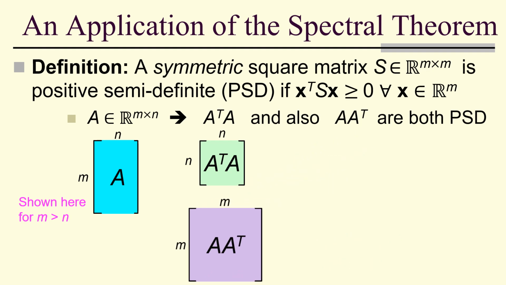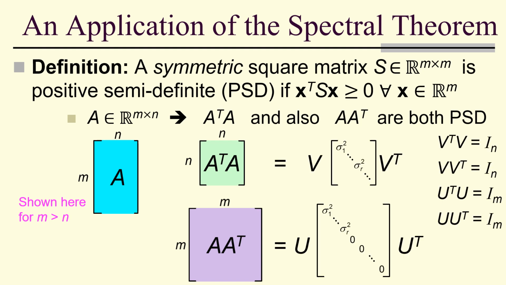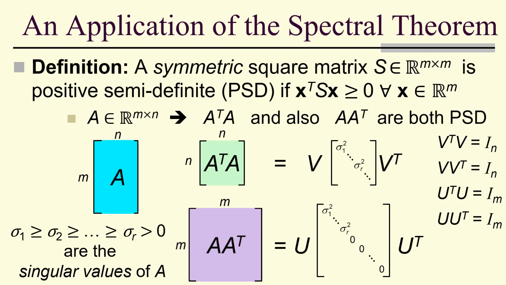So that means they both have a spectral theorem decomposition, where this U and this V are orthogonal matrices. And notice that the diagonal has the same non-zero values in both. Now the square roots of these eigenvalues are called the singular values of A itself.